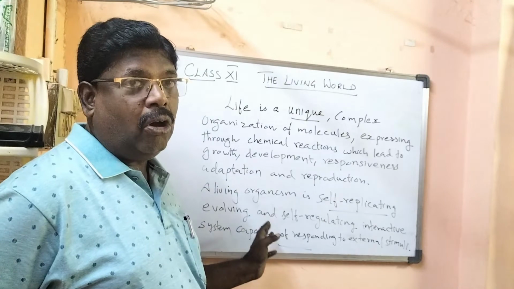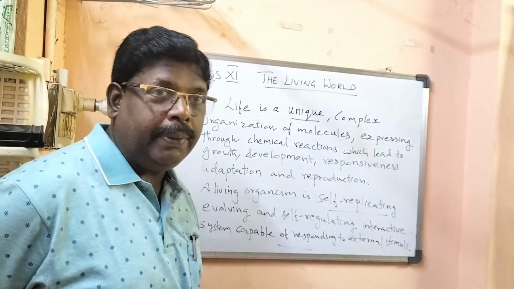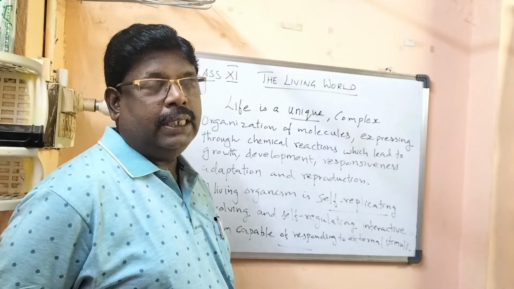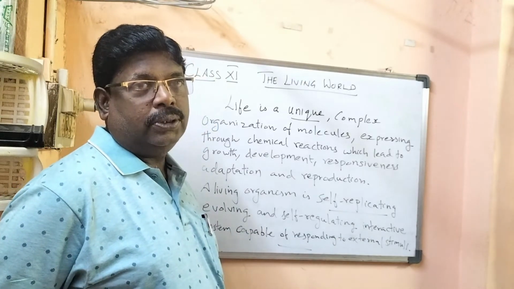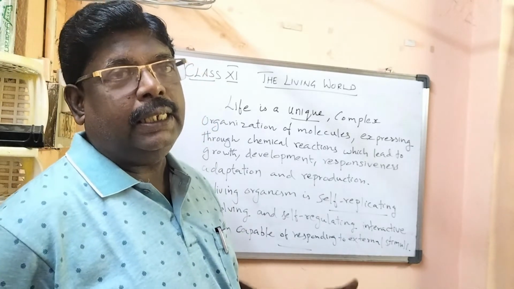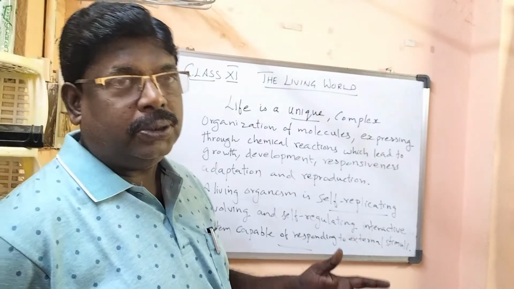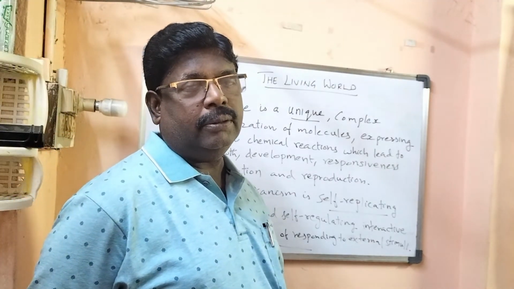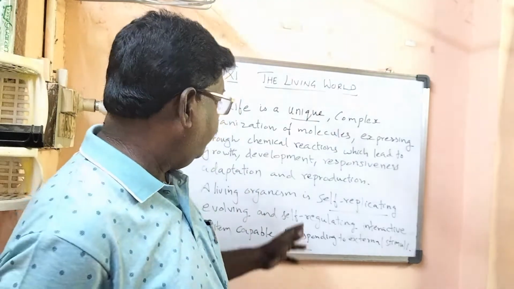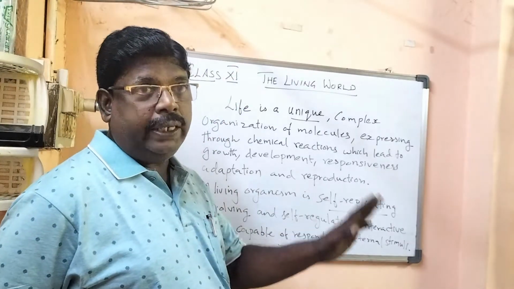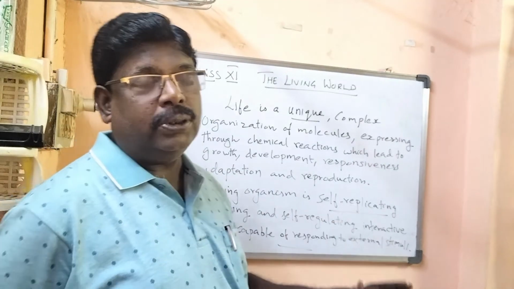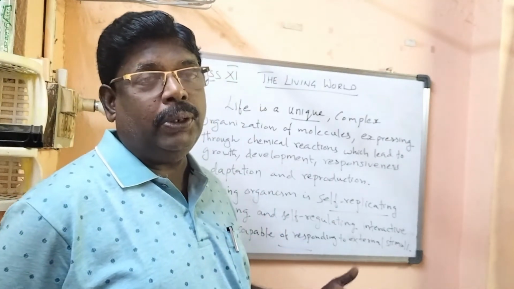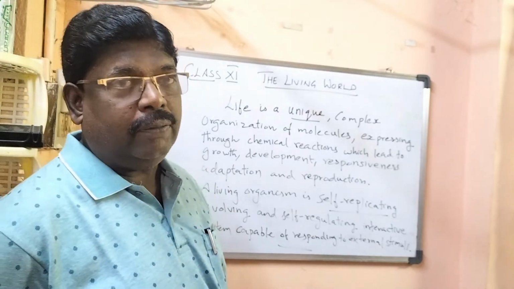Moreover, a living organism is self-replicating. In the sense, all living organisms reproduce. A single-celled amoeba will also divide and multiply. So self-replicating, evolving. When you see the evolution process, it is always from simple to complex, primitive to advanced.